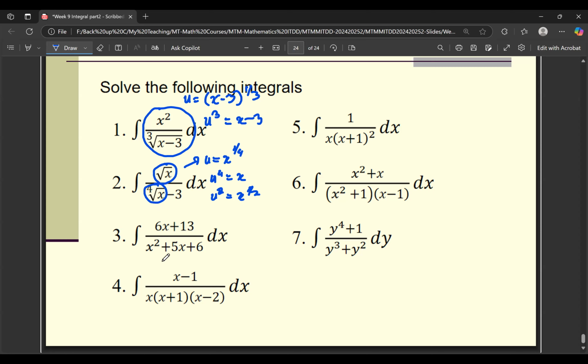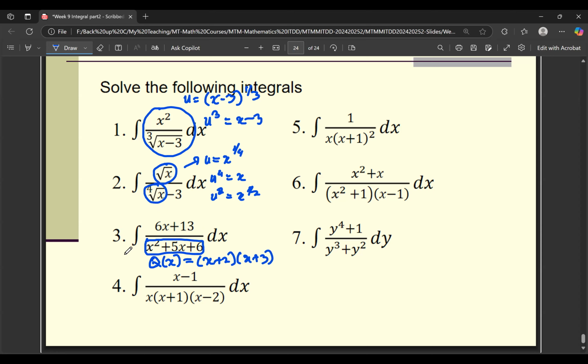And number three, the clue is we can factor out these polynomials Qx. This is x plus 2, x plus 3.